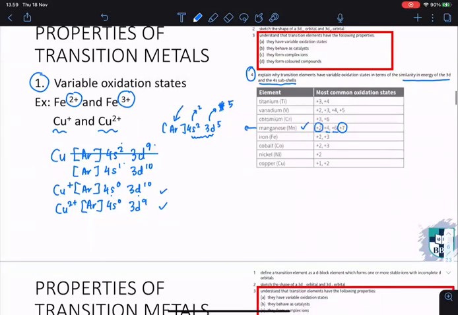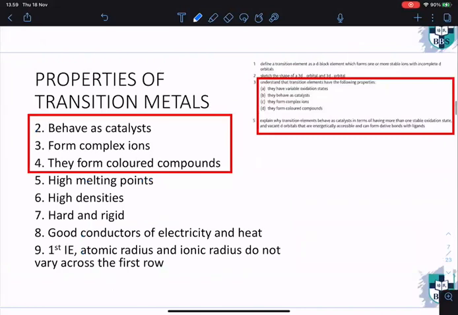Now I will move on. What are the other properties of transition metals? Apart from having variable oxidation states, they will also behave as catalysts. Example, in your Haber process, you have iron catalyst. Iron is a transition element.